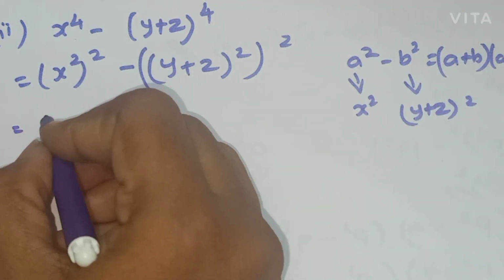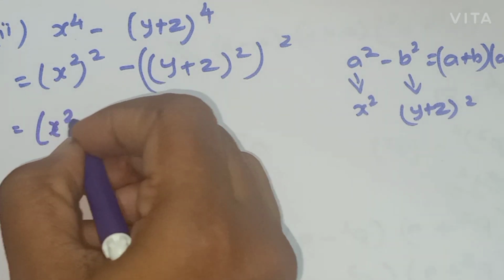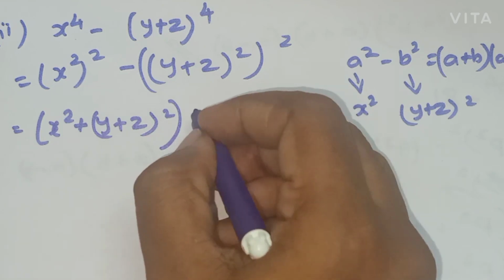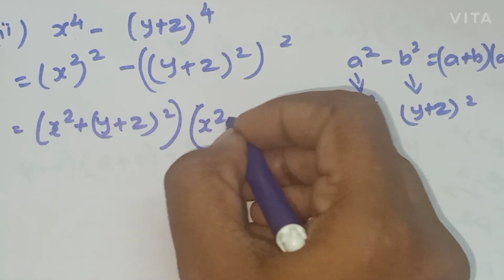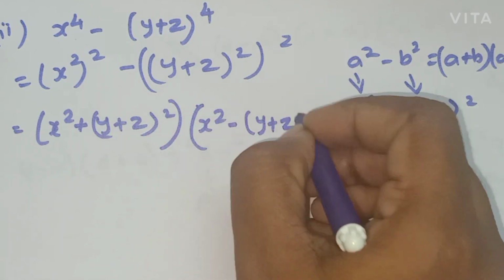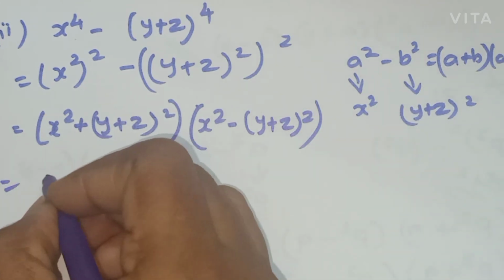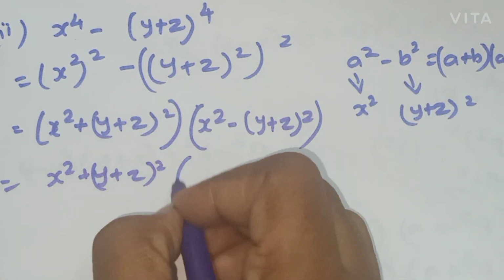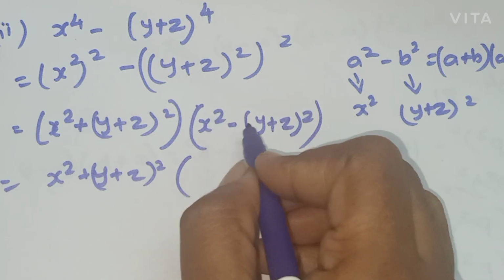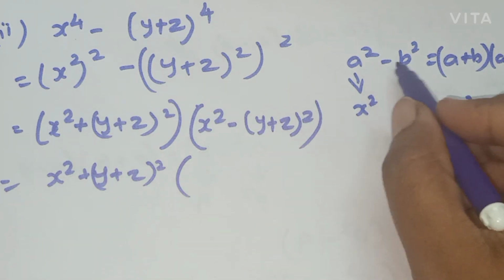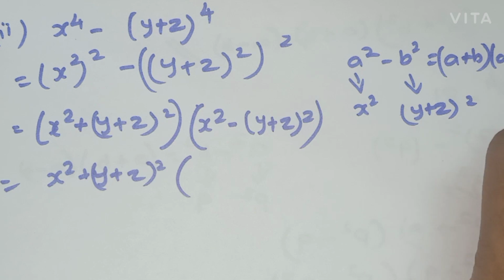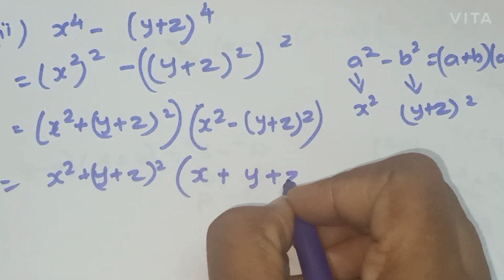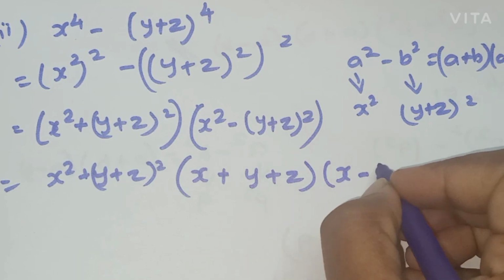So this is equal to a plus b, x square plus y plus z the whole square into a minus b, x square minus y plus z the whole square. So this is equal to x square plus y plus z the whole square into, now once again this is of the form a square minus b square. So a square minus b square equal to a plus b into a minus b.